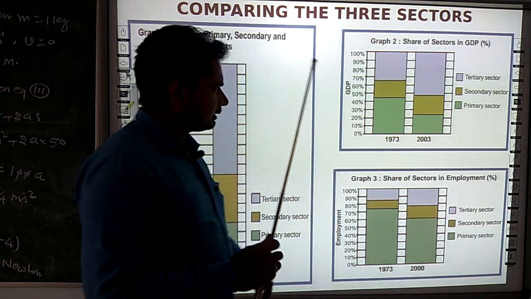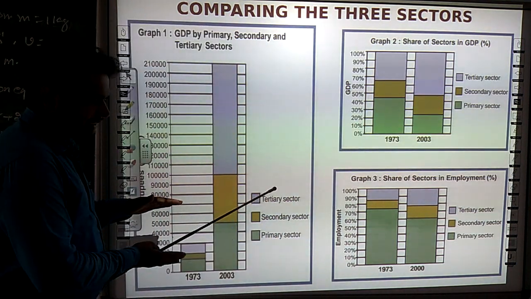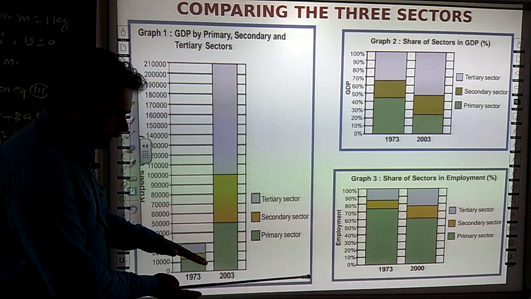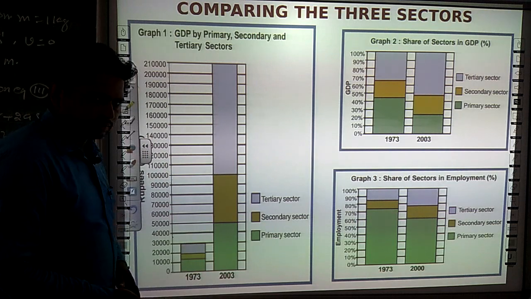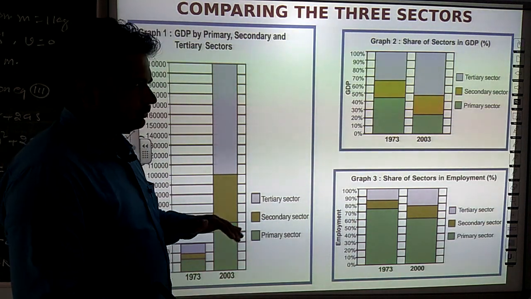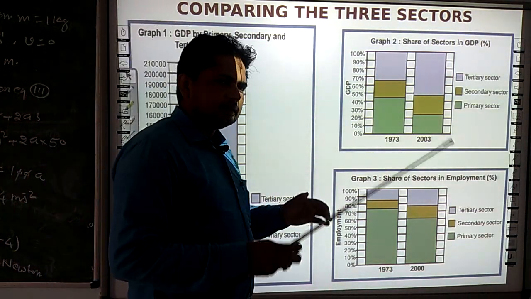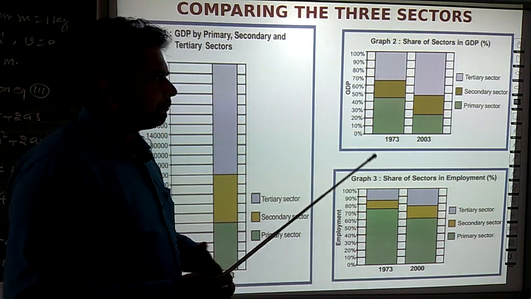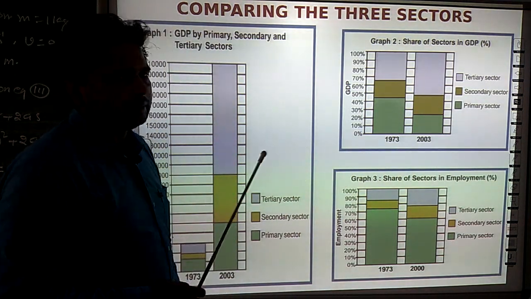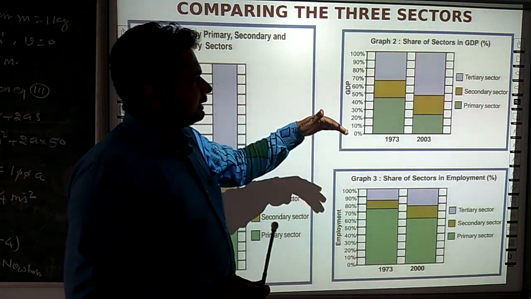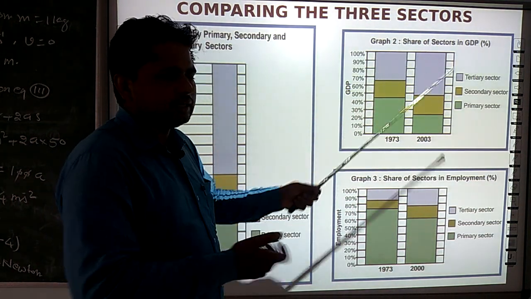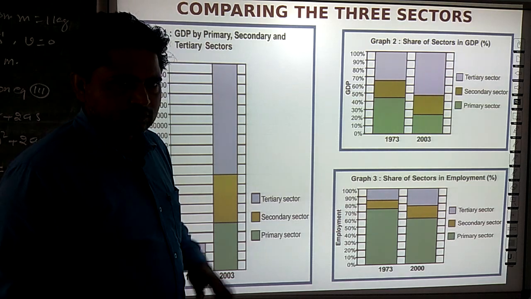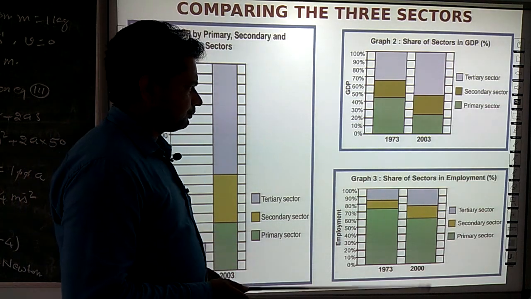So I think you could understand, though the production in the primary sector increased, other sectors increased more rapidly than the primary sector. That's why their contribution in GDP increased in percentage, also in value.